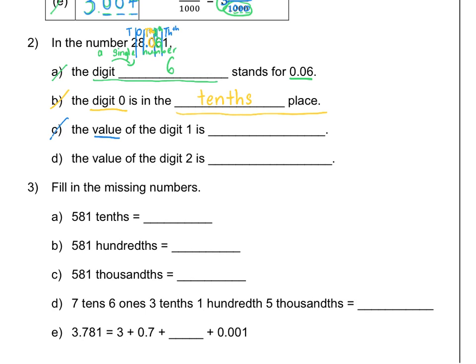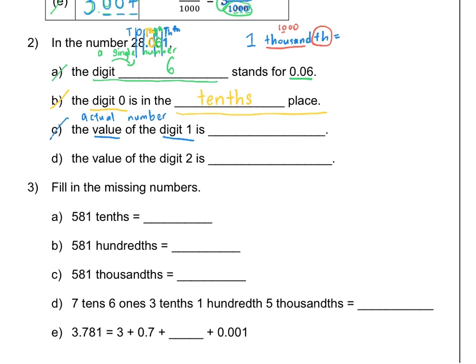Let's go on to part C. The value of the digit 1 is what? Whenever they ask for a value, they are actually asking for the actual number. So let's take a look. Digit 1 is here in the thousandths place. So how do you write 1 thousandth as a number? TH means you have to write it as a decimal. 1,000 has how many zeros?